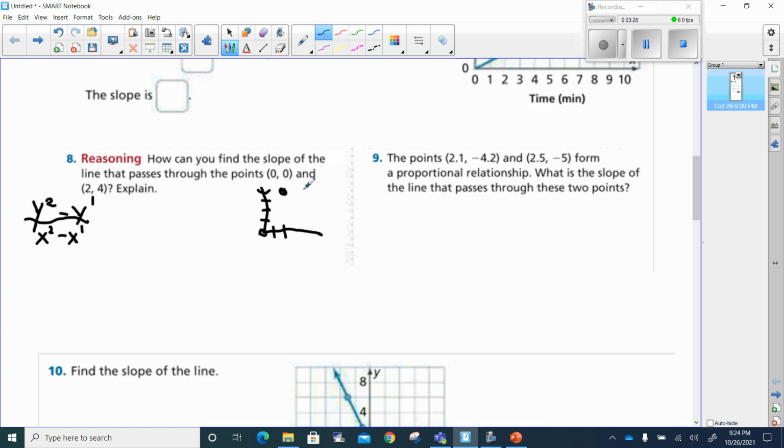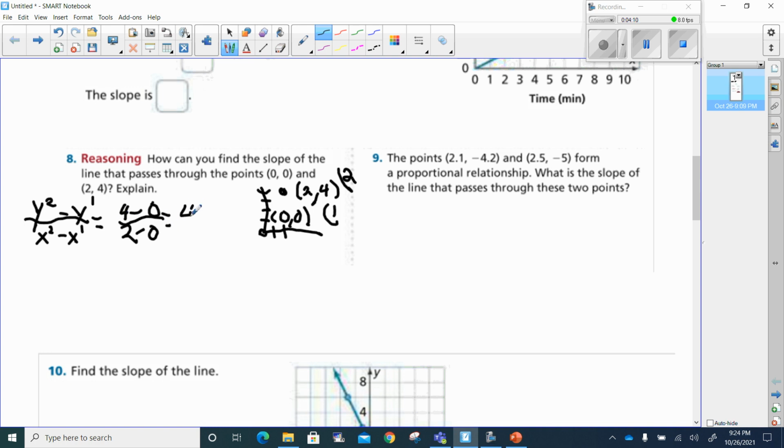Let's go ahead and mark this one 2 and 4. We'll mark this one 0, 0. All right, so right here, we'll call this one number 2. We'll call this one number 1. And y2 is going to be 4, so this equals 4 minus 0 over, well, we got 2 minus 0. It makes this really easy, doesn't it?